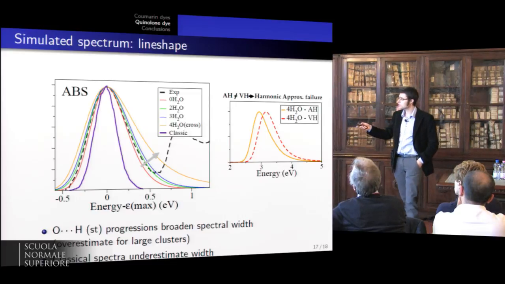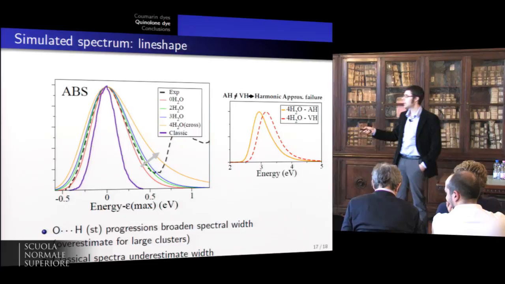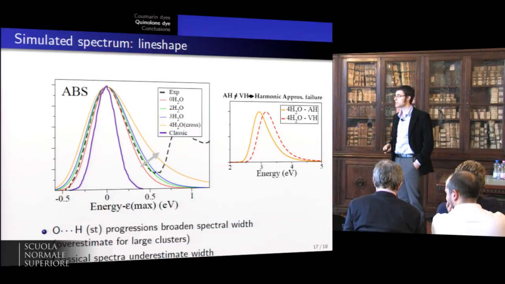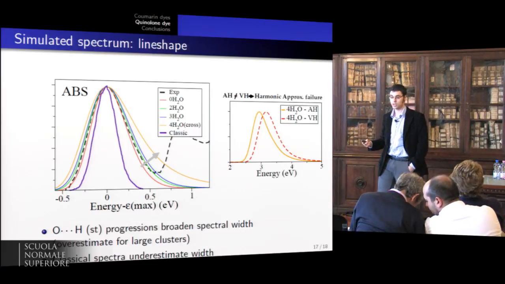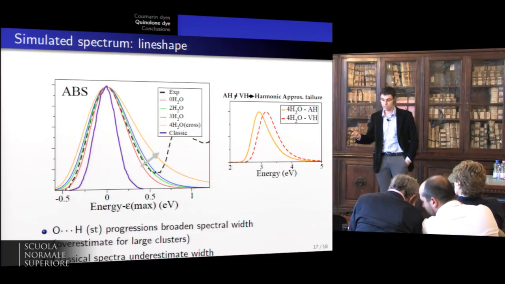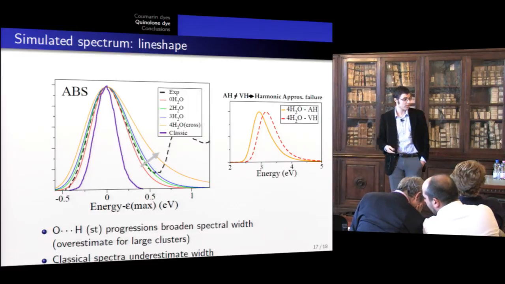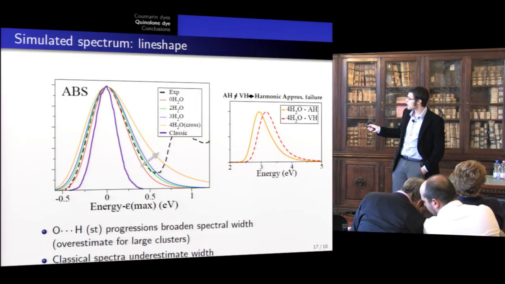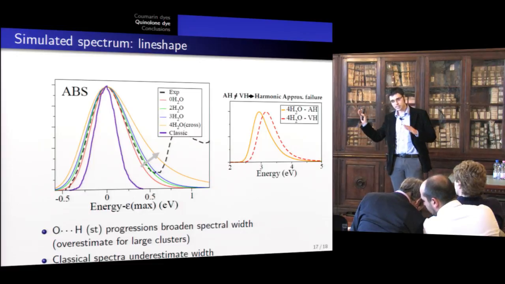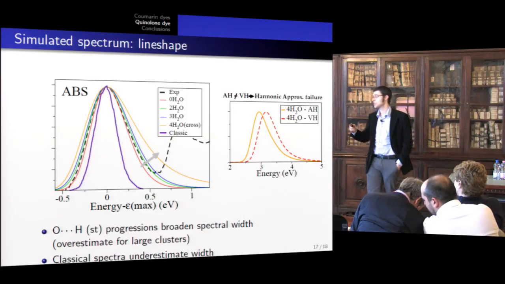However, what I'm showing here is that when we increase the number of molecules in the cluster, we have a huge width here for the 4 water molecules. This is actually a failure of the calculation, because as we can see here, we have compared adiabatic and vertical Hessian models, and they are providing quite different results, and this is a symptom that something is not working with the harmonic approximation, as I have said before.